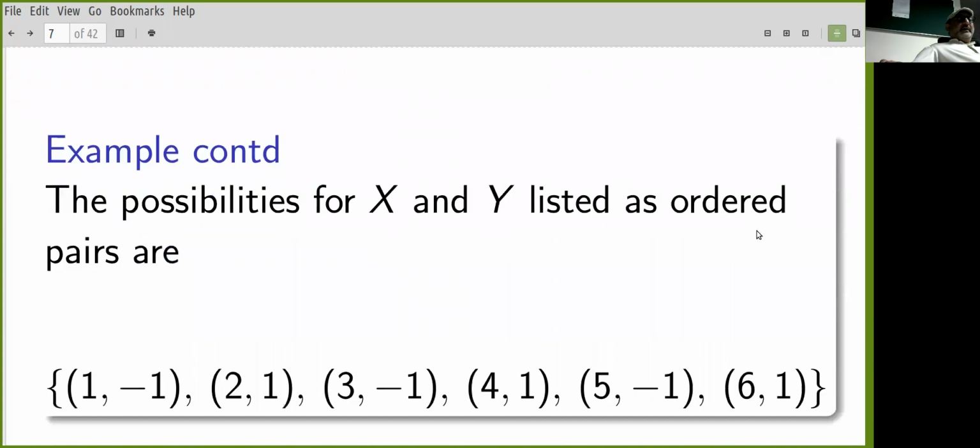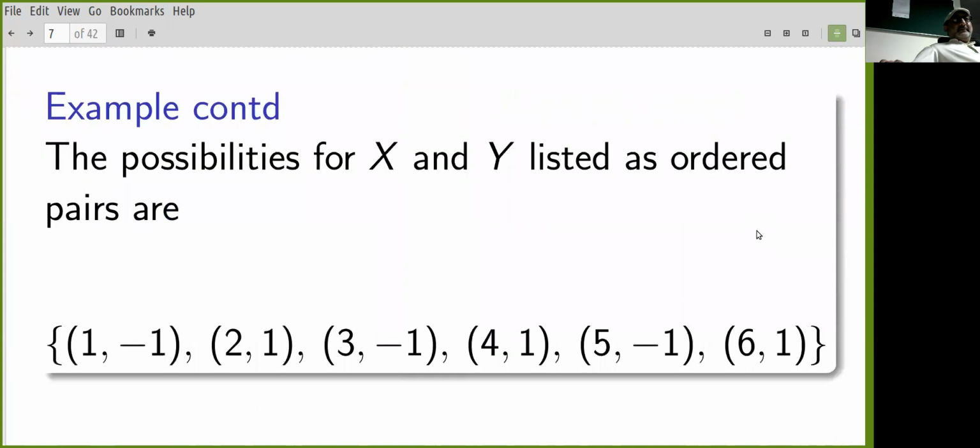Okay. So what are the possibilities for x and y listed as ordered pairs? Well, you could have (1, -1), (2, 1), (3, -1), (4, 1), (5, -1), (6, 1).